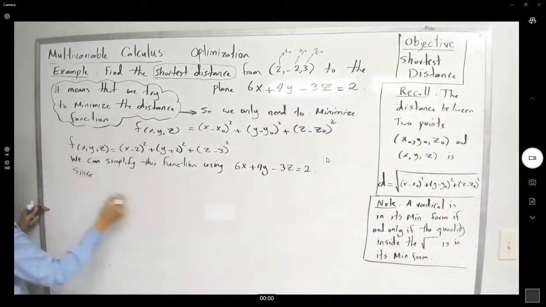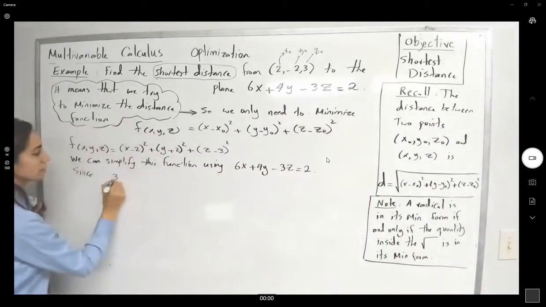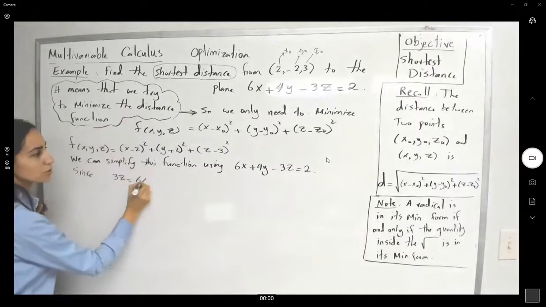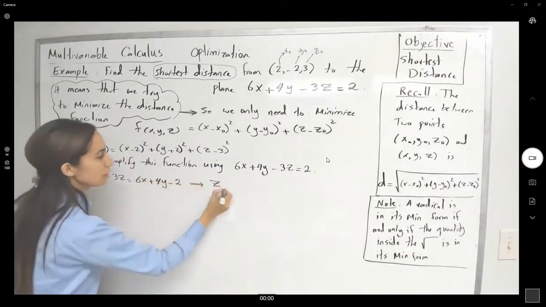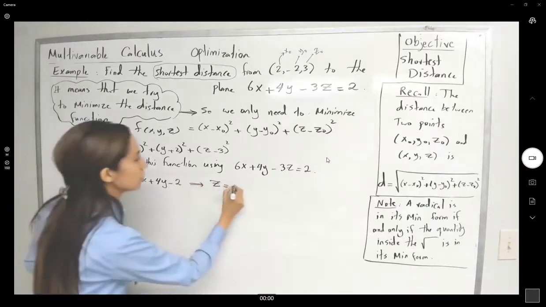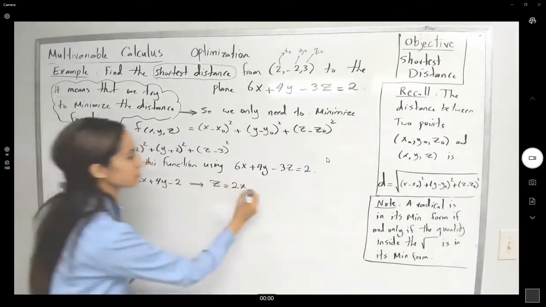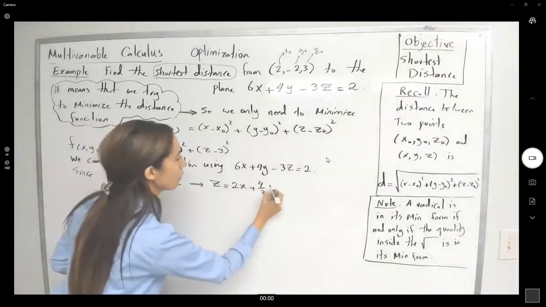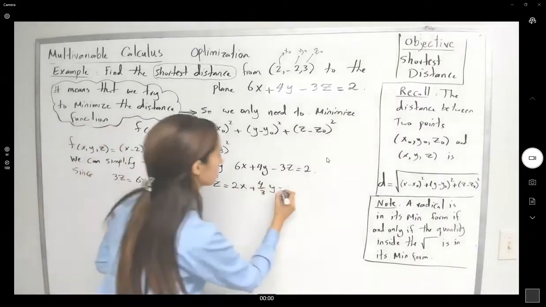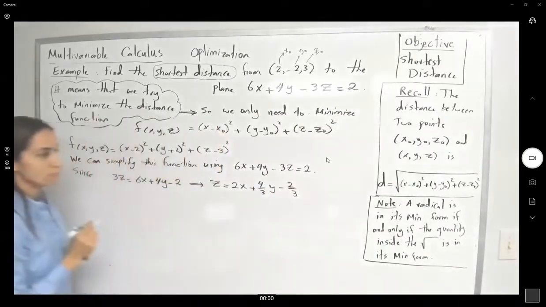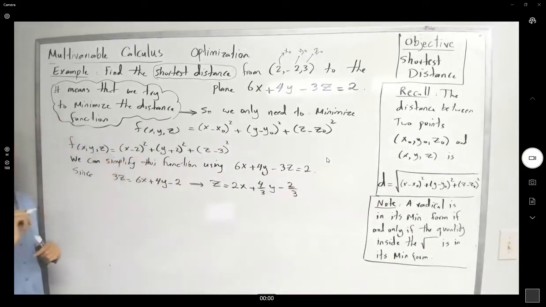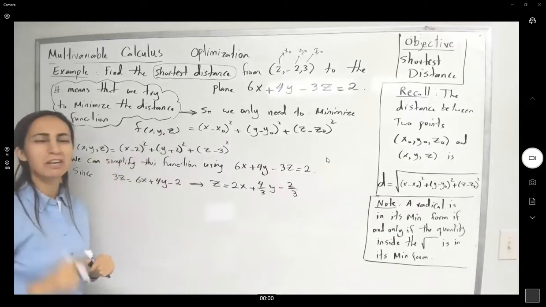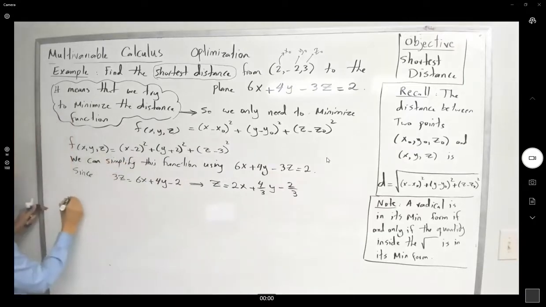Since 3z is equal to 6x plus 4y minus 2, z is equal to 2x plus 4/3 y minus 2/3. Plug this into the function to get rid of the third variable.